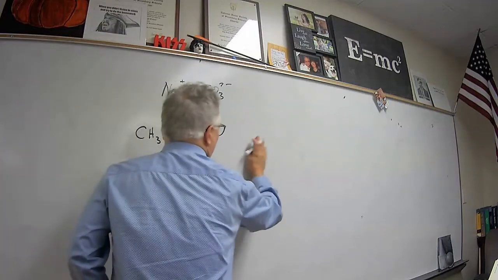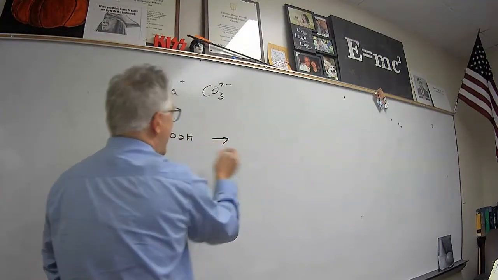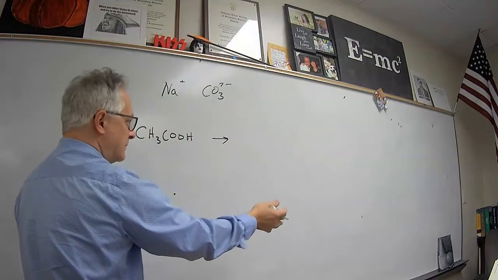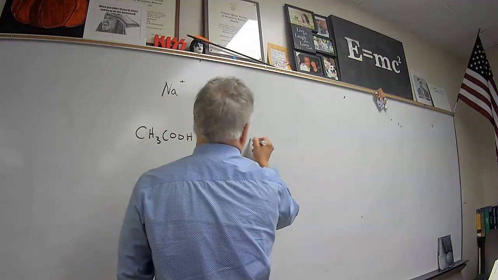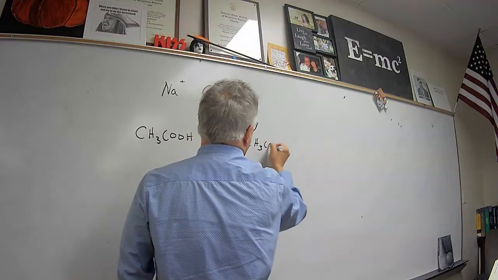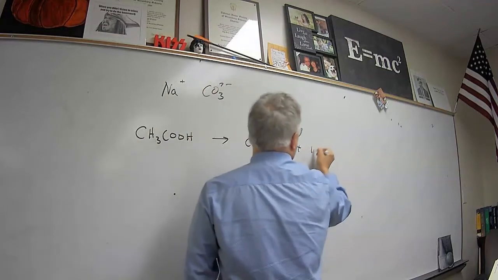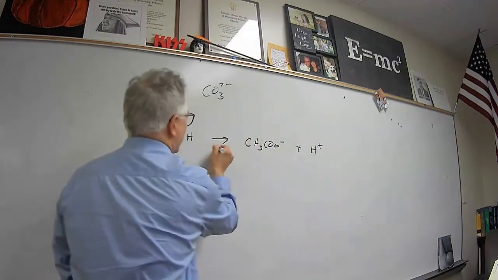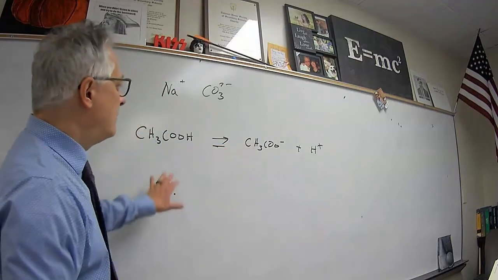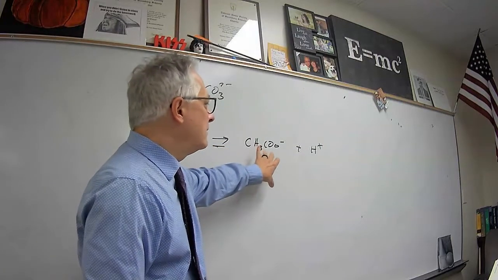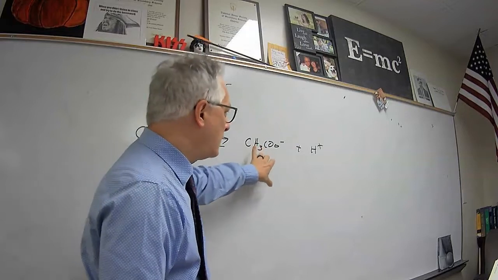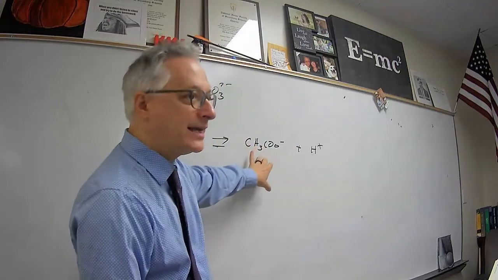Now, when we get to the acid-base chapter, we're going to learn that when that ionizes, you will get CH3COO with a minus charge plus a hydrogen ion. It's actually in equilibrium. You don't know that yet. But this is what we call the conjugate base of the acid. This is acetate.